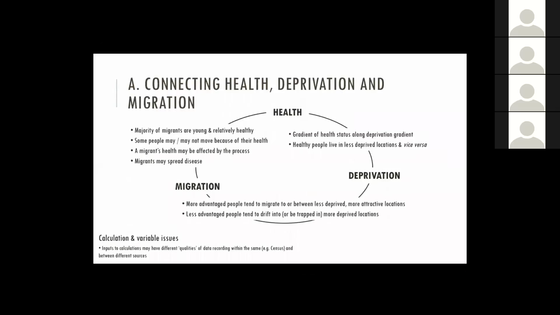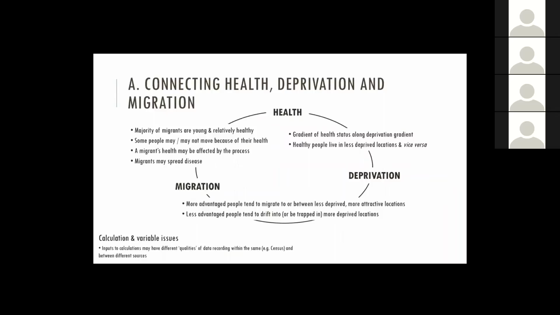First of all, if we think about health and deprivation, we know that health follows a deprivation gradient. People who live in more deprived areas are more likely to have poorer health than people who live in less deprived areas. There's also a specific relationship between migration and deprivation.